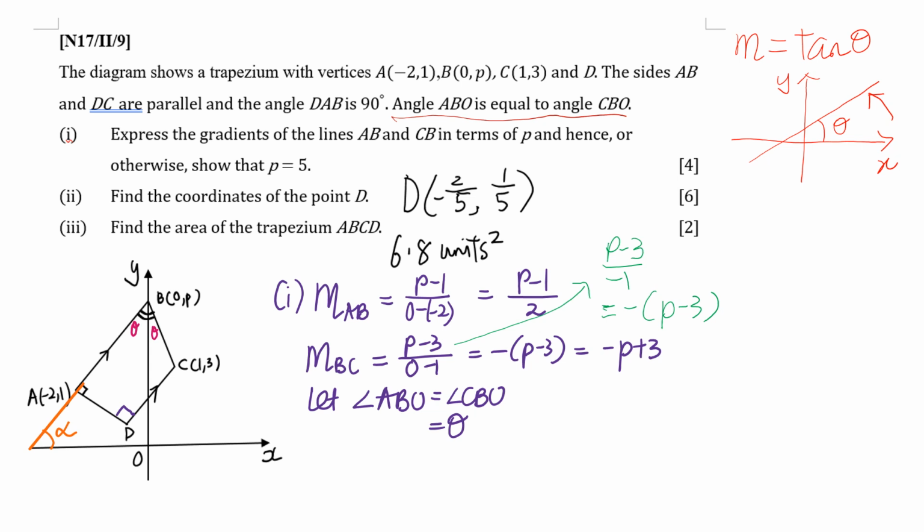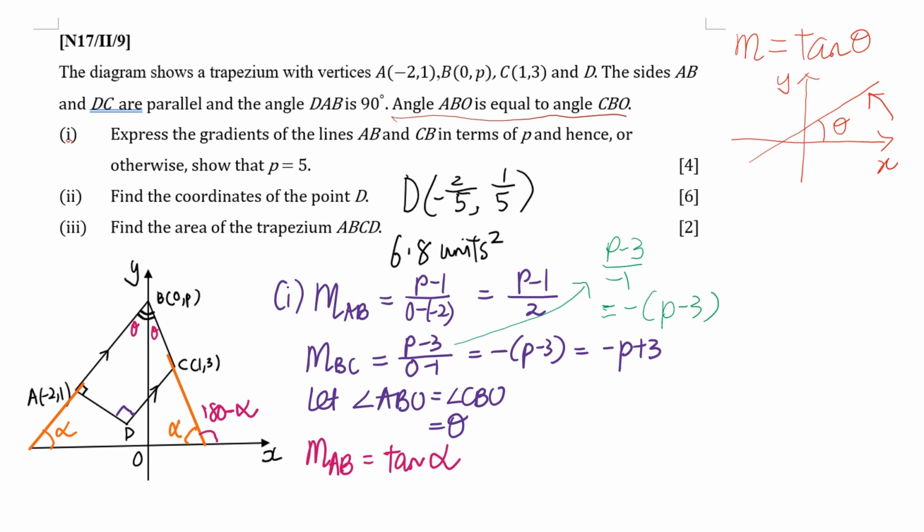So therefore, the gradient of AB is just tangent alpha. And I'm going to extend the line BC longer so that it touches the x-axis. And you see that this angle is also alpha. Therefore, the obtuse angle is 180 minus alpha.